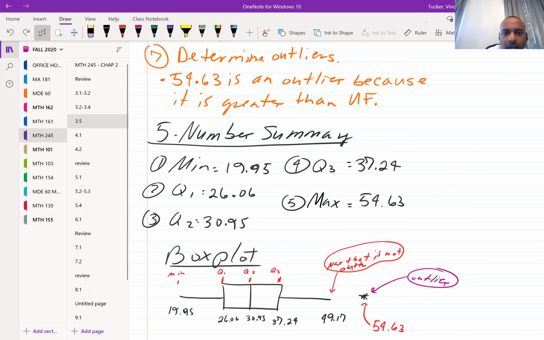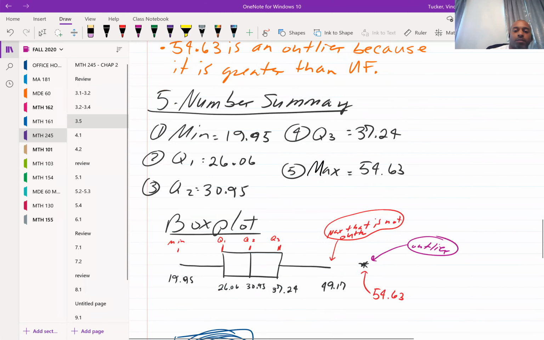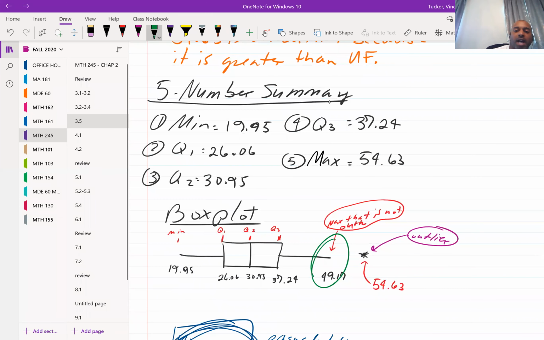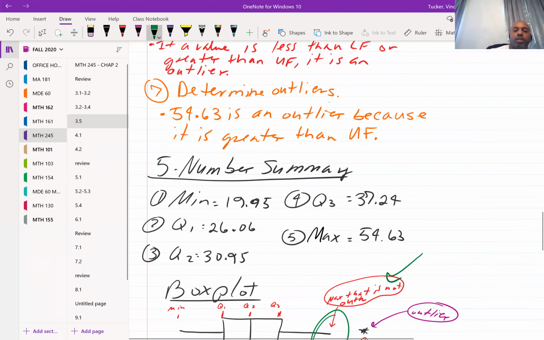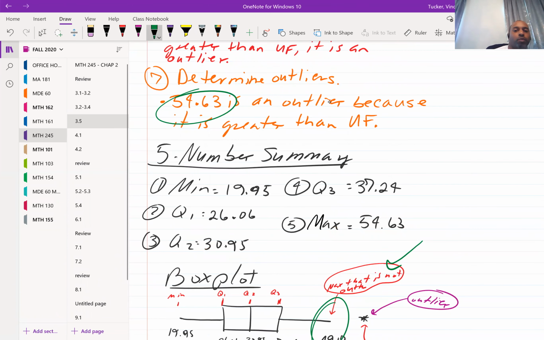Say max is an outlier, but for the 5-number summary, no, it is your maximum value, and that's what the 5-number summary is. That's your maximum value. But your box plot only extends to the maximum value that is not an outlier. So we ended up finding out that 54.63 was an outlier.